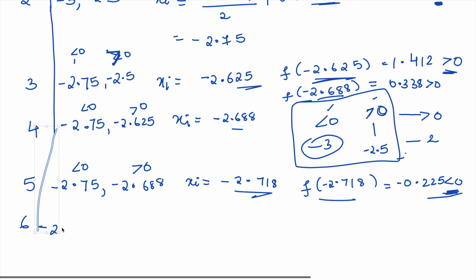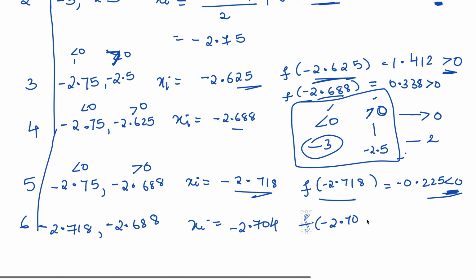So -2.718, -2.688. Now xi is -2.704. f of -2.704 is equal to 0.054, which is again greater than 0.